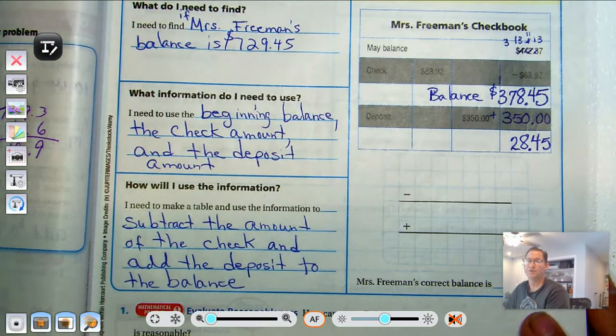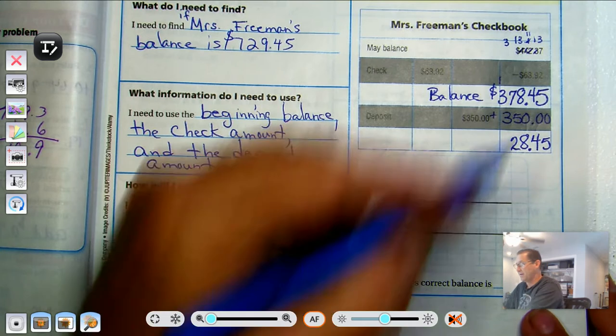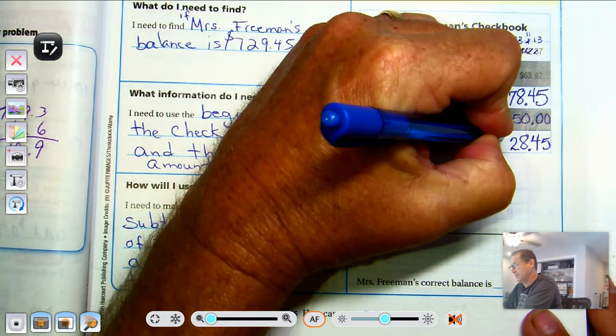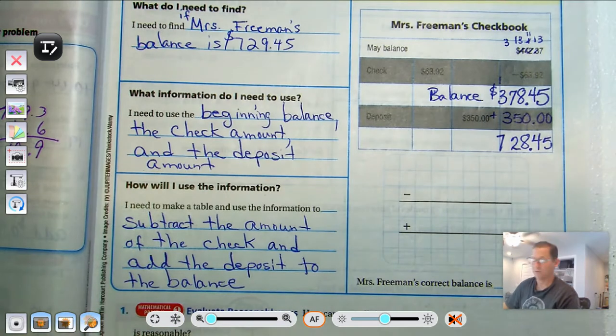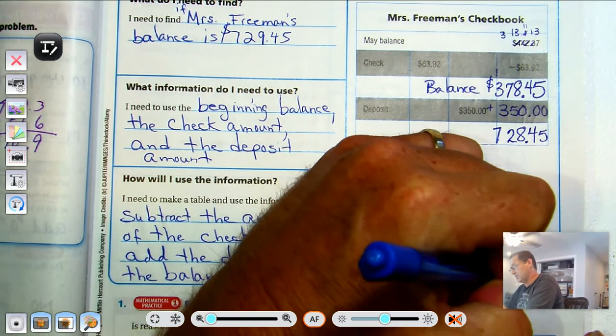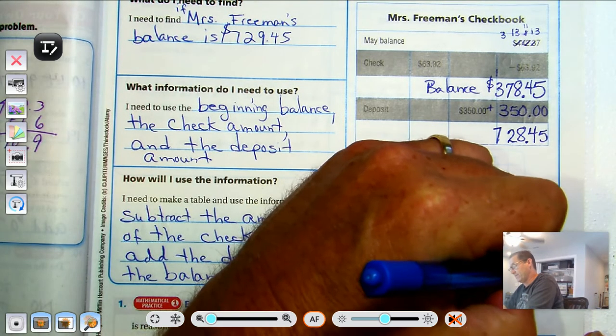Regroup that as 100 and 2 tens. And we have 300 plus 300 is 600 plus the regrouped 100. So $728.45. So her correct balance is $728.45.